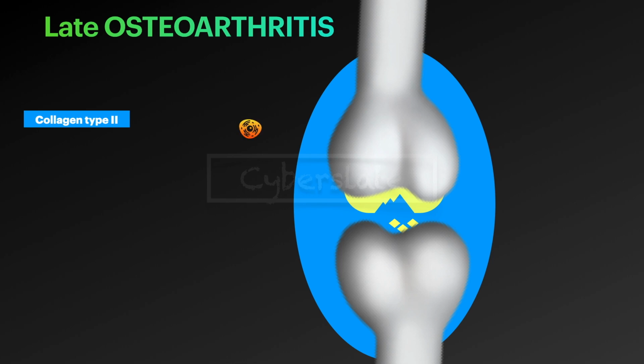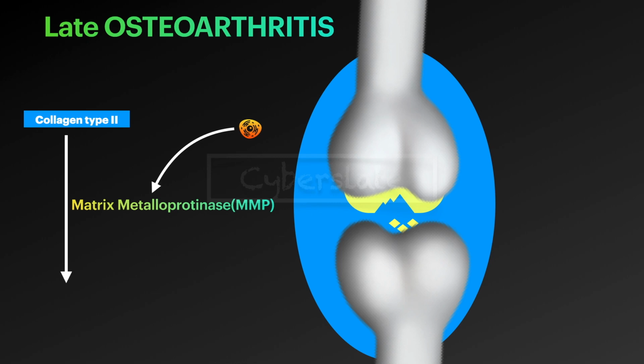So, chondrocytes produce matrix metalloproteinases, MMPs, which are responsible for the degradation of collagen type 2, and later for degradation of the entire cartilage. So when a full thickness portion of cartilage is sloughed, the discharged pieces of cartilage and subchondral bone fall in the joint and form joint mice.